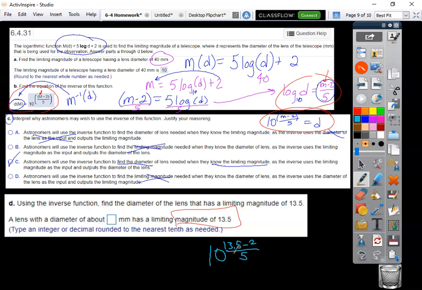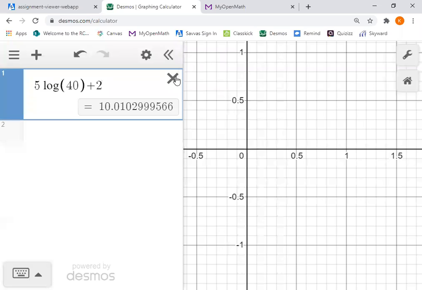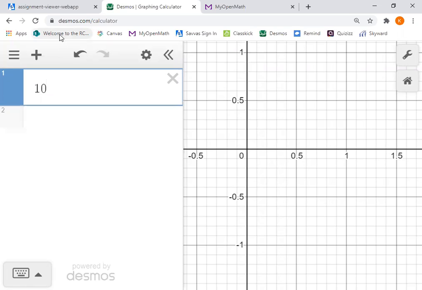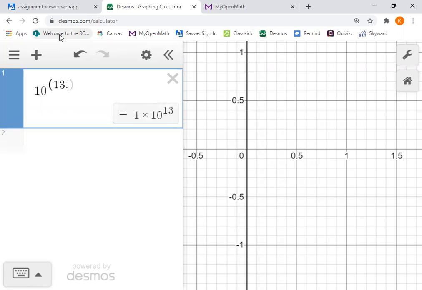And again, to do that problem, I'm just going to jump on over to Desmos, and I'm going to type that in and see what I get. We said we wanted 10 caret to the power of, the numerator is 13.5 minus 2.